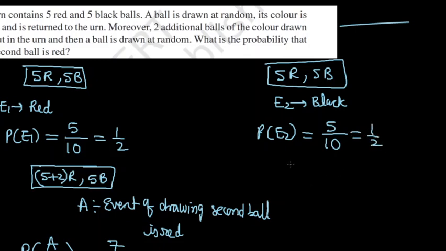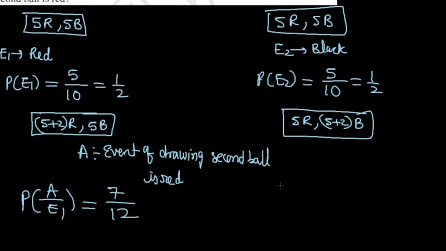We drew a black ball, so we have to add 2 balls of black, giving 5 plus 2. Then A is the event that the second ball is red, given E2 has already occurred. There are 5 red balls out of 12 total, so P(A|E2) is 5 by 12.